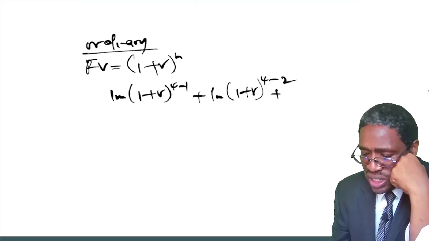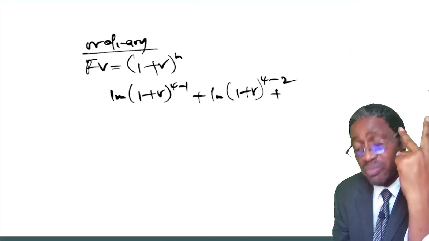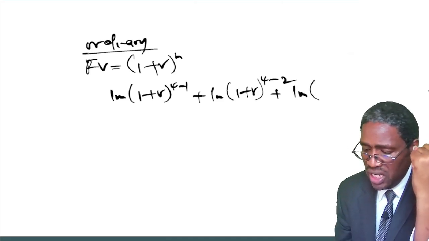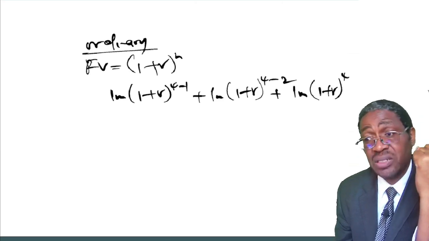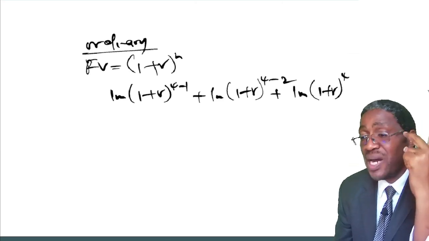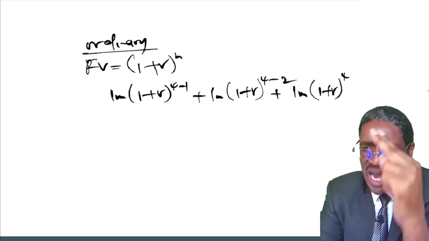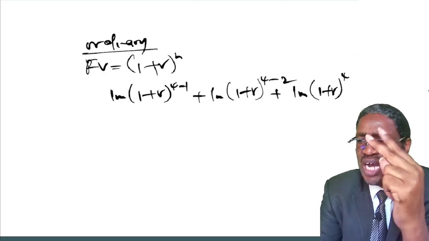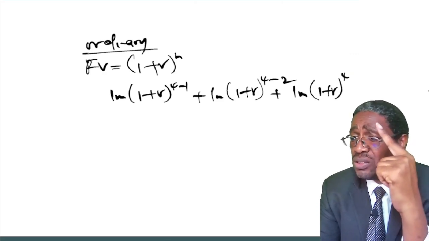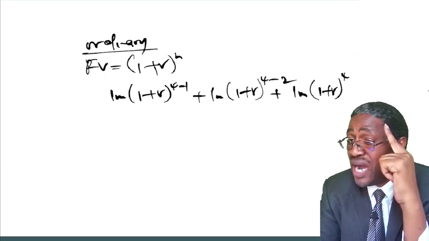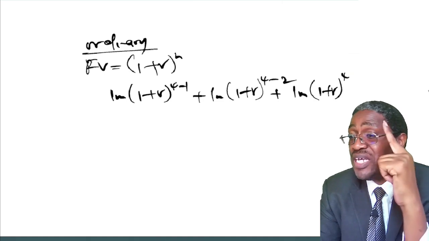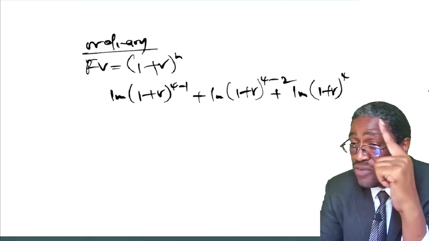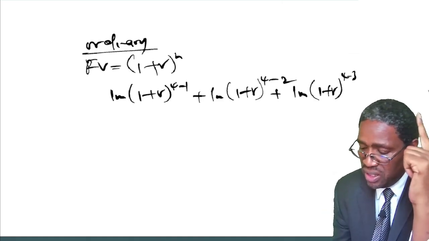Then in the third year, I put in another 1 million into 1 plus r to the power of 4, which is our investment period. But the amount I'm putting in the third year will only earn me interest in the fourth year, which means only once, so minus 3.